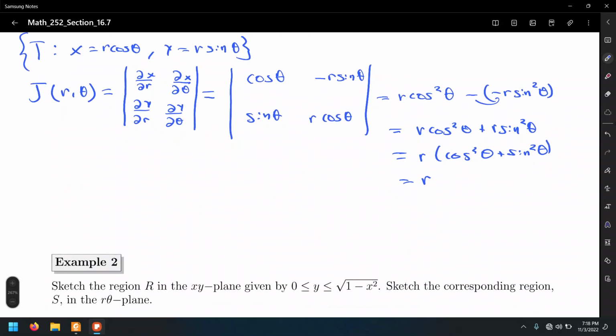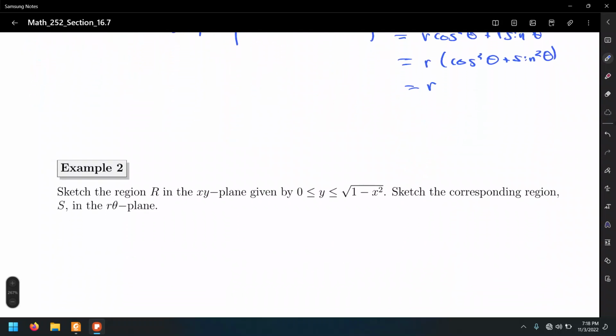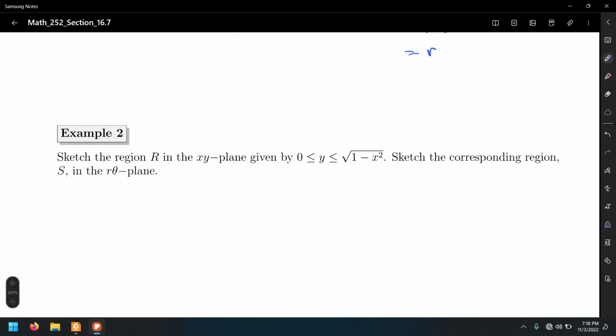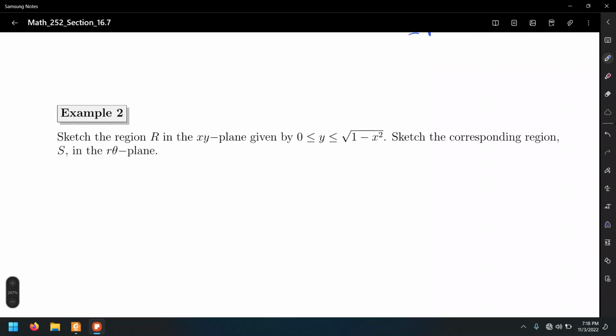All right, so let's go over one example. Sketch the region. In this case, they're just asking us to sketch the region and set up the integral, not to compute it. Sketch the region R in the xy plane given y greater than or equal to 0 and less than or equal to the square root of 1 minus x squared. Then sketch the corresponding region S in the r theta plane.